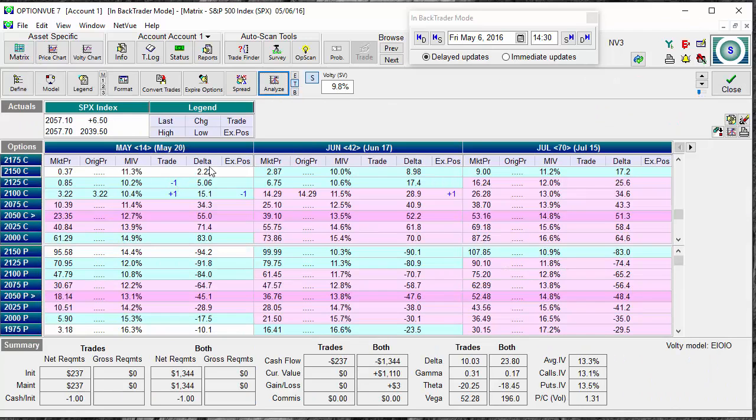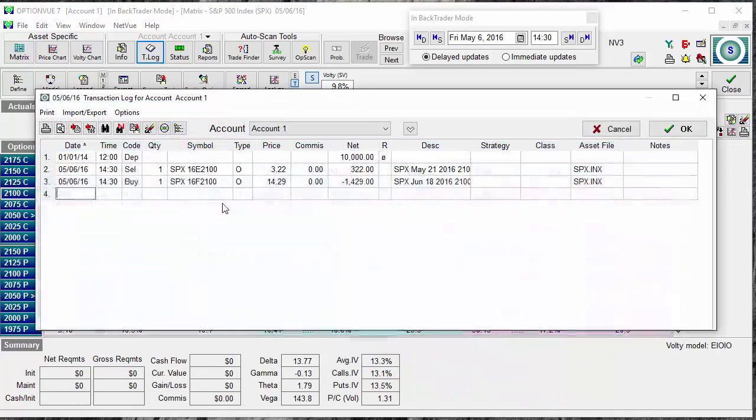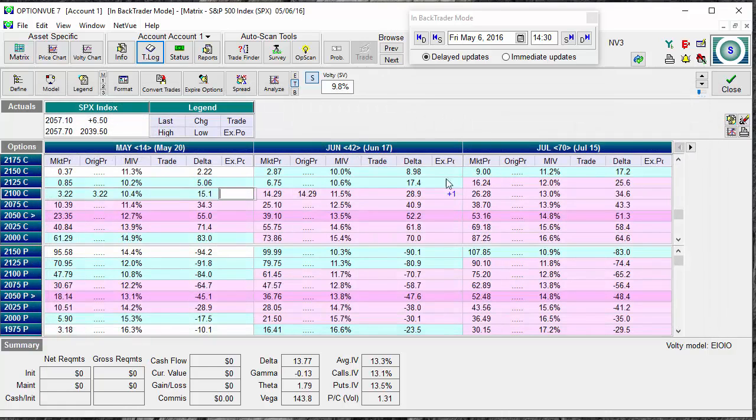Now, if you want to execute trades in a different expiration cycle, and I am bullish or bearish, then I would want to use a calendar approach instead of a debit spread. I could still use a debit spread.